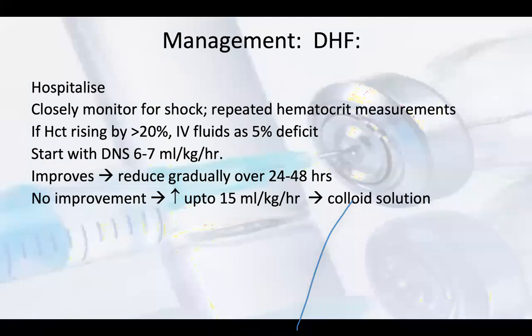Give IV fluids as a 5% deficit, starting with dextrose and normal saline at 6 to 7 ml per kg per hour. If it improves, reduce gradually over 24 to 48 hours. If there is no improvement, increase up to 15 ml per kg per hour. Then they go for colloid solution.